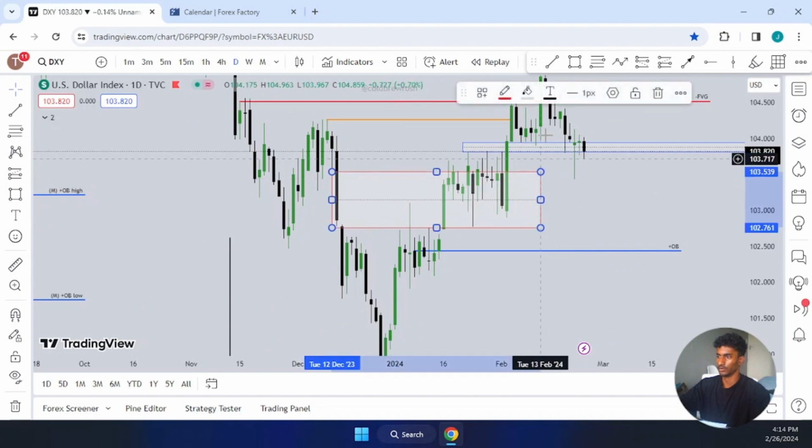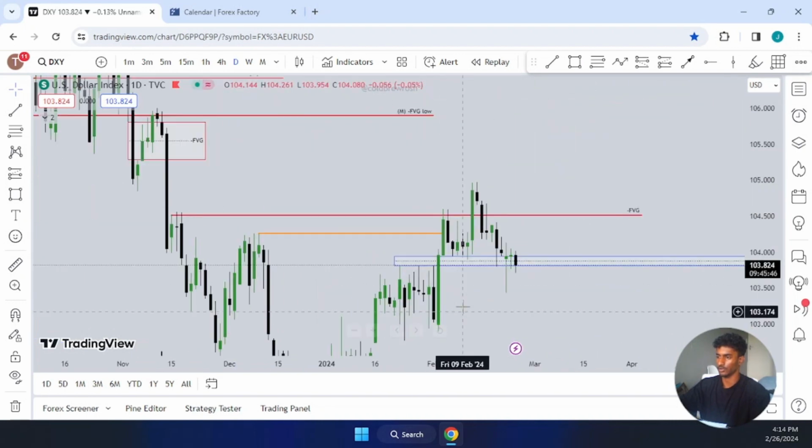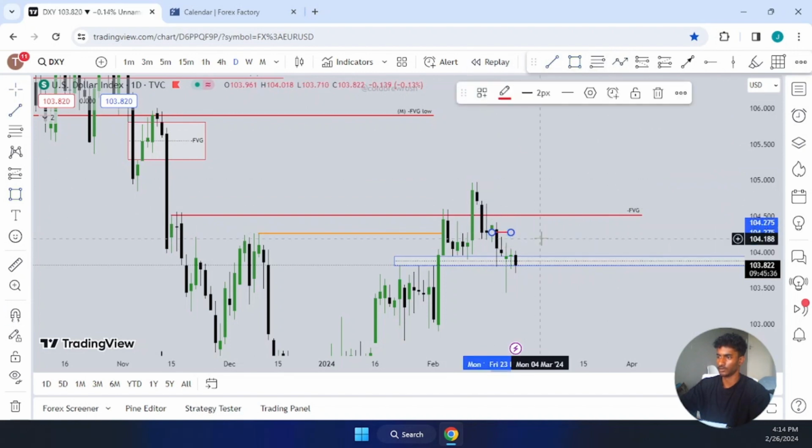So from here I can say that DXY was bullish, and then we got up to here, traded into this PD array, and now we see these up close candles being respected.